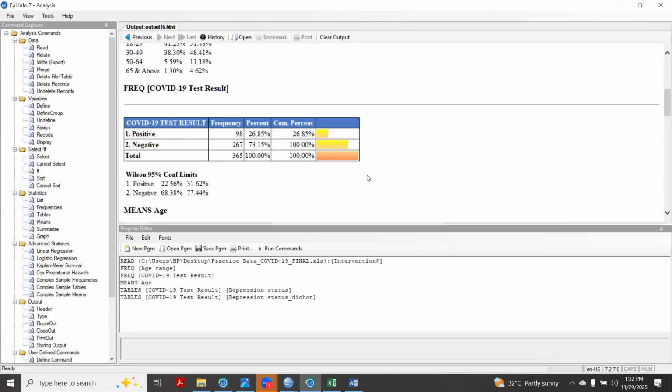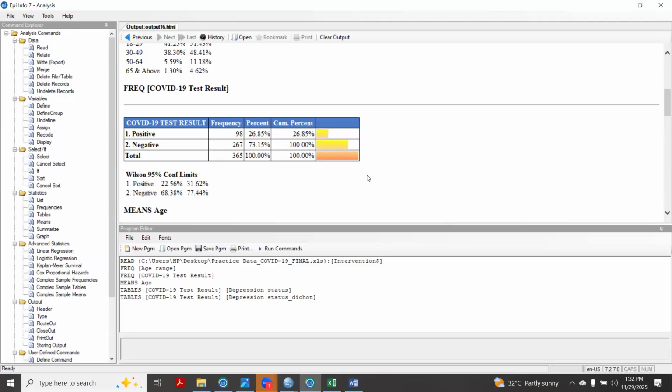But if you are dealing with two different populations, let's say a baseline population and an intervention population, and you want to test for the prevalence of COVID-19 in both, then it will be an analytical cross-sectional study. Analytical cross-sectional study is when you have two distinct populations. But if it's just one population, then it's a descriptive cross-sectional study.